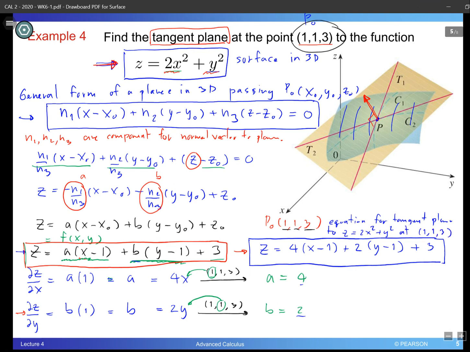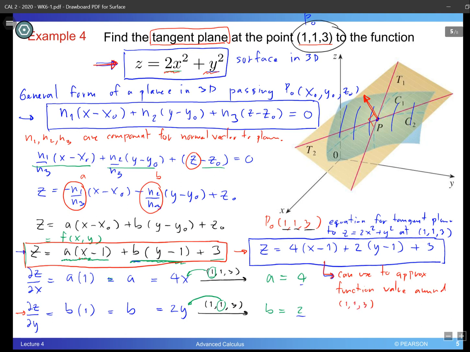Okay, there is one thing that I want you to remember: when it comes to this tangent plane, we can use it to approximate function values around this certain point. In this case, it's (1, 1, 3).